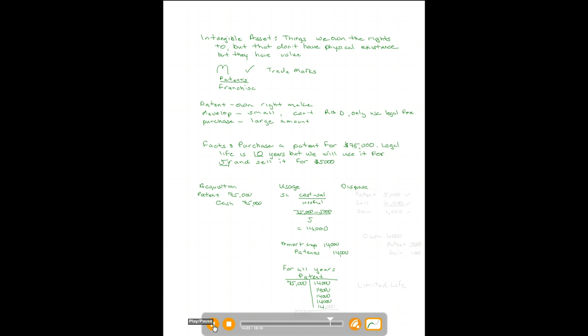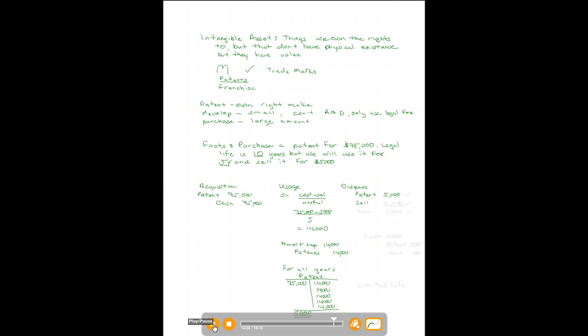We didn't use an accumulated account, came directly to the patent account. 14,000 times 5 equals 70,000, minus 75 is there's a balance of $5,000 in this account. So then, given that this is a situation, what's the entry to dispose of it? Well, let's do our analytical review of this. The patent account has $5,000 in it, and we sell it.